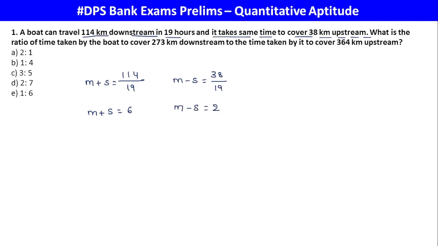Next, what is the ratio of time taken by the boat to cover 273 kilometers downstream? 273 upon 6 is to 364 upstream. 364, 2 3 times 3, 91 times 91 4 times. 1:4. Option B is the final answer for this question. And 1:4 option B is the correct answer, right? Yes. Next question.